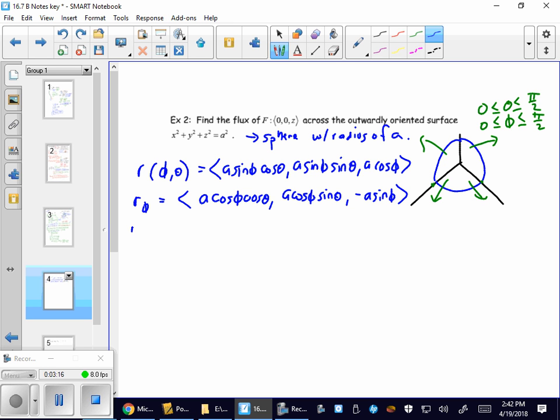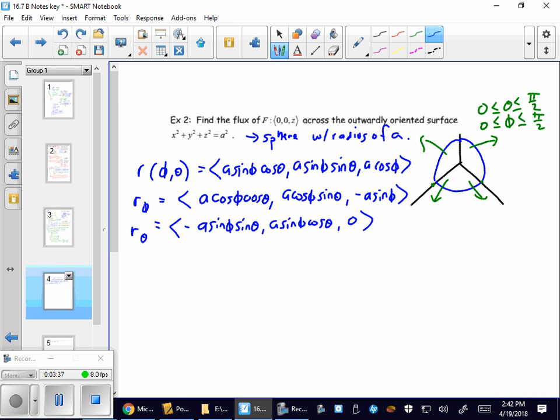And then r of theta is going to be negative a sine phi sine theta, a sine phi cosine theta, and 0.